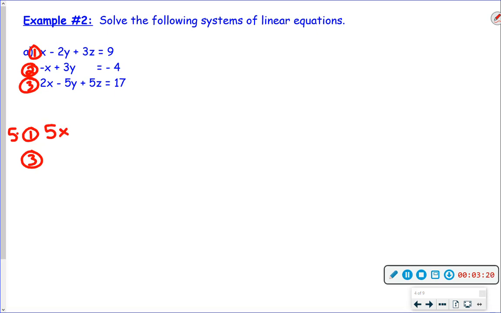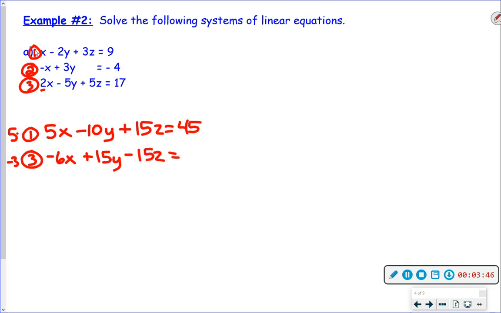Everything by 5. 5 times 2, 5 times 3, 5 times 9. Then I'm going to, of course, multiply the bottom one by negative 3 because I want that 5z to be a negative 15z. So negative 3 times 2x, negative 3 times negative 5, negative 3 times positive 5, that's what I'm looking for, and negative 3 times 17, which is negative 51.